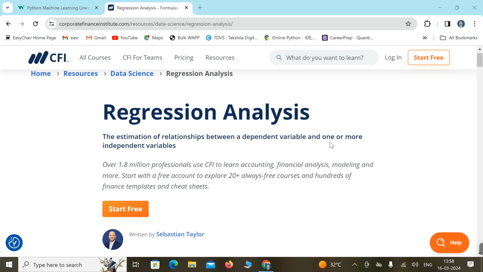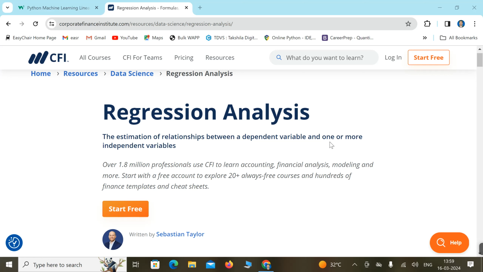What is regression analysis? It is the estimation of relationships between a dependent variable and one or more independent variables.